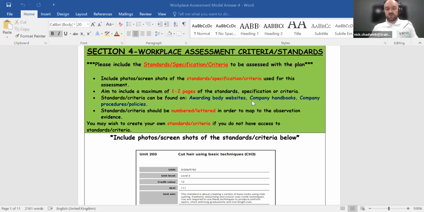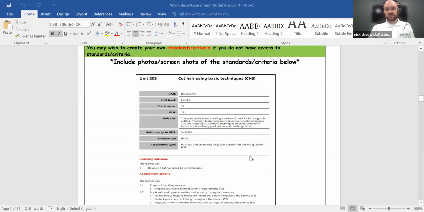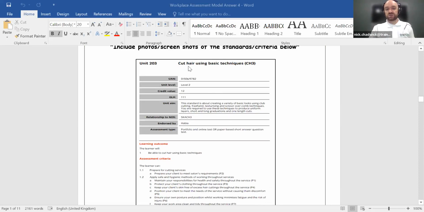My advice is also to number or letter your criteria, so it's going to be easy for you to navigate when observing the learner. So I have included my standards. As you can see here, this unit is to cut hair using basic techniques.